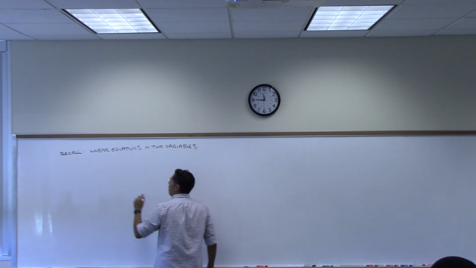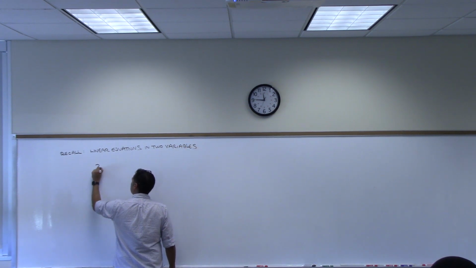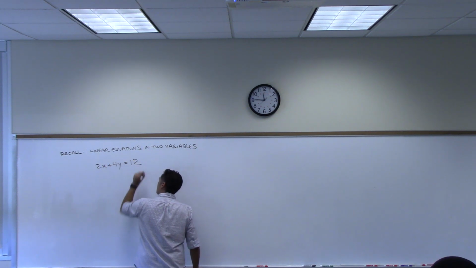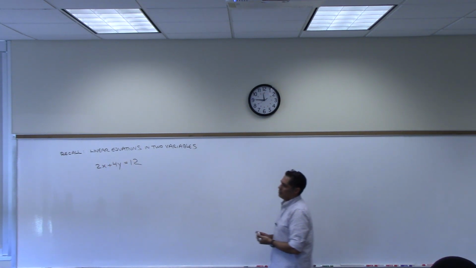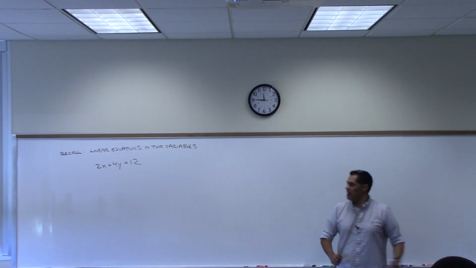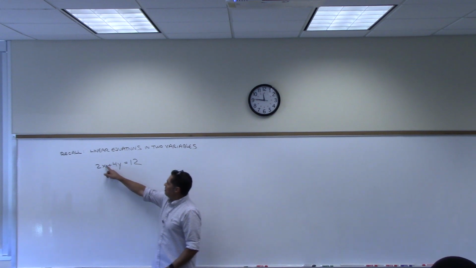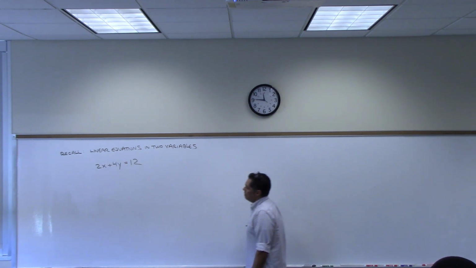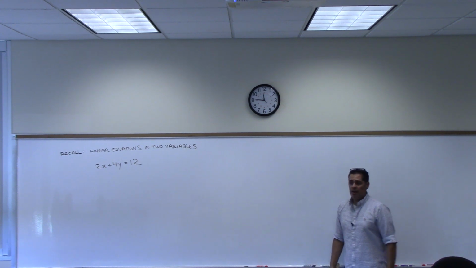We studied this a while back, something like this. That's an equation, right? It's linear because both of the variables have a 1 on them. And it's got two variables in it, right?